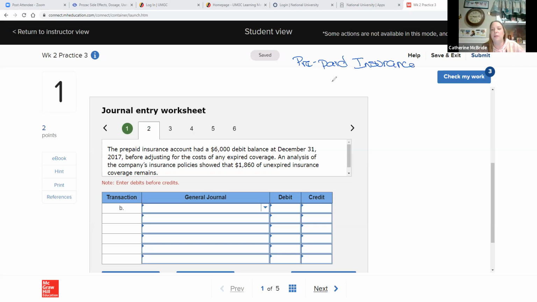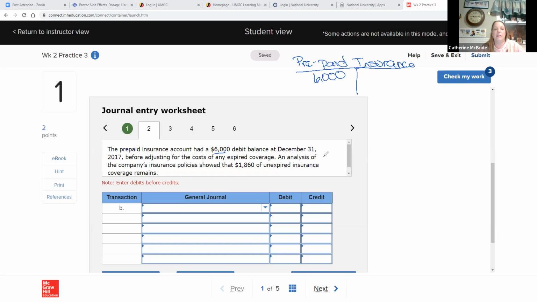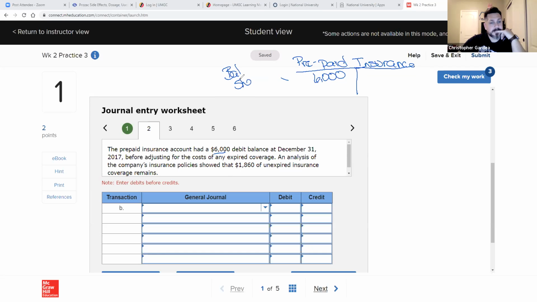What type of account is prepaid insurance? An asset. So it has a $6,000 debit balance right now at December 31st, before any adjusting entries. What this tells me is we paid $6,000 in advance for insurance, and that's sitting on our balance sheet as an asset.